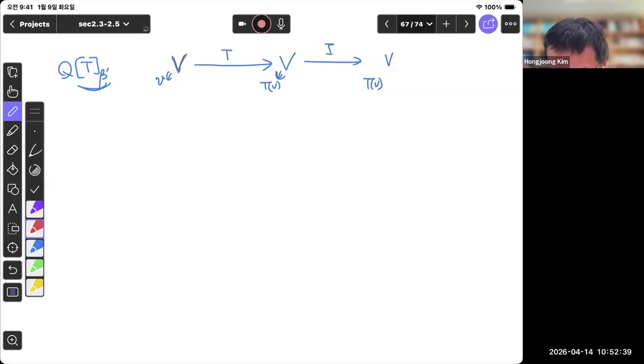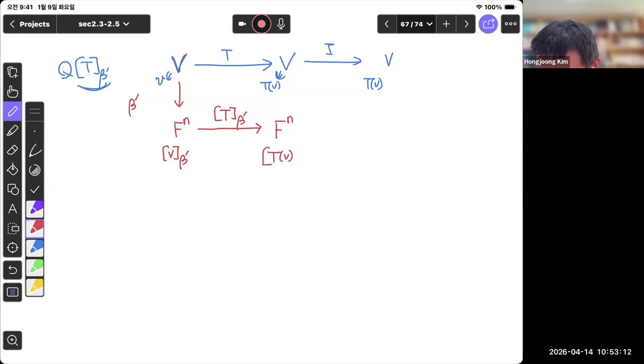Now, if I consider beta prime as a basis, then from V, we can find its coordinate in Fn space. And if I multiply this, then we get a vector, which is the image of T over V, but with respect to beta prime.